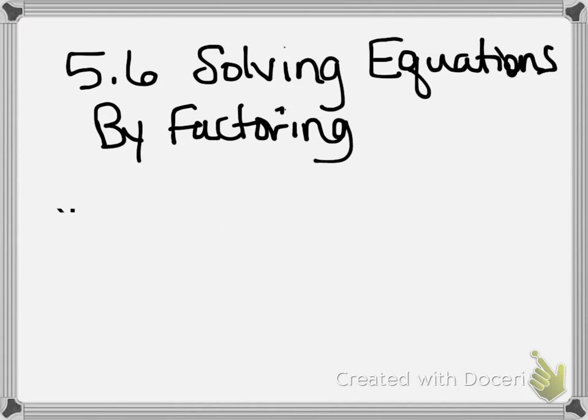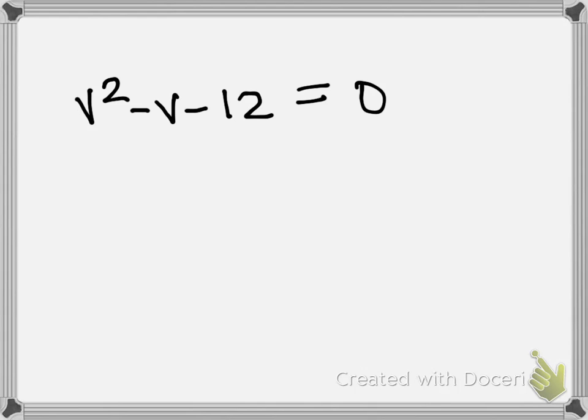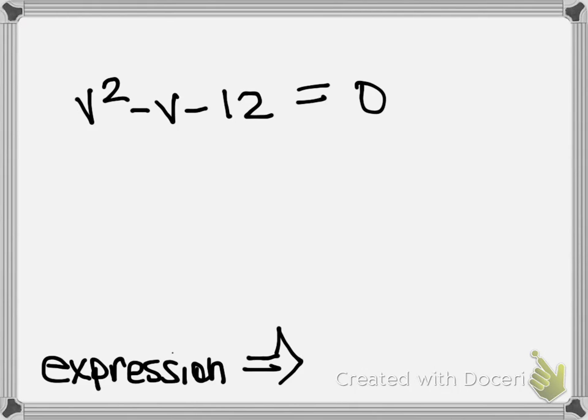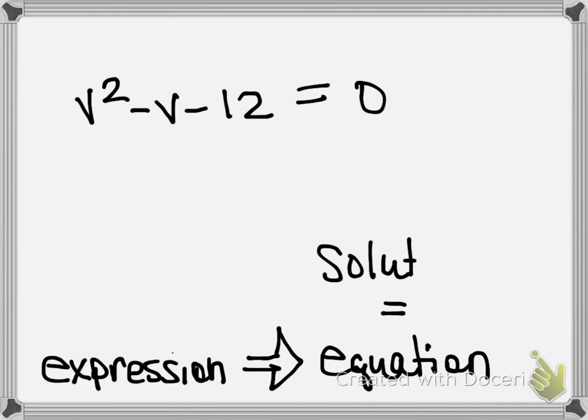So let me take that exact one and write it on the next page, because also in this lesson we're going to add an equals 0. So now we've turned a quadratic expression, which we've just been practicing simplifying, into an equation which has an equal sign and a solution.